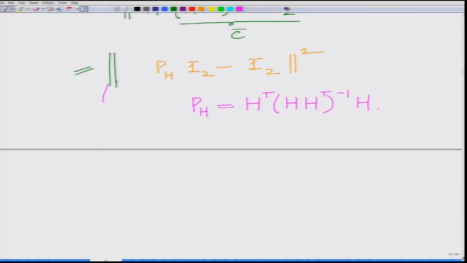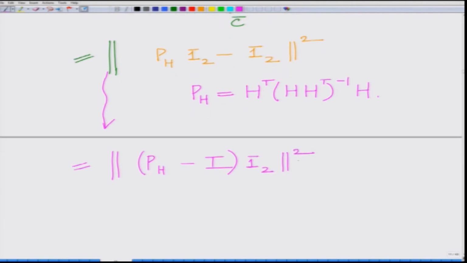I have denoted by pH this matrix, which is H transpose times H transpose inverse times H. Therefore, this is equal to the norm of pH minus the identity matrix times the vector 1 bar 2, whole square.